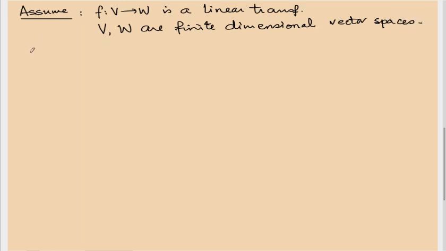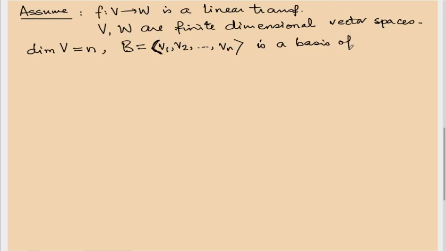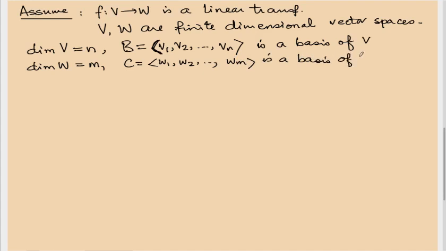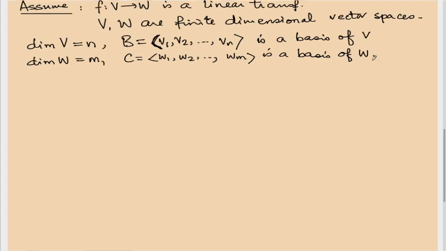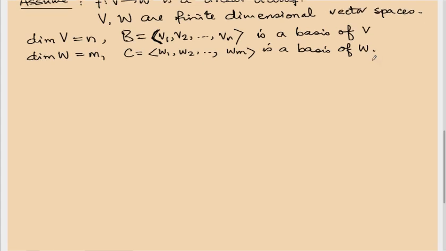Suppose the dimension of V is n and B is a basis of V, and the dimension of W is m, and C is the basis of W. So what's the scenario?